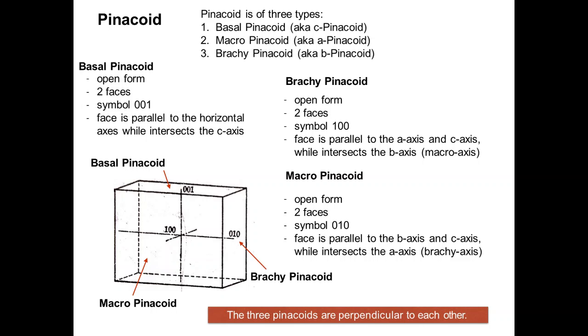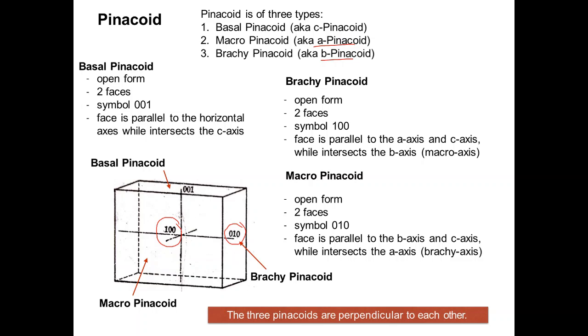If the pinacoid is intersected by the a axis, which means a pinacoid, then it will be named with macro in its word. Now, if it is intersecting the b axis, which is the b pinacoid, it will be named with the word brachy. It is not like that if it is intersecting the macro axis, it becomes macropinacoid, and if it intersects brachy axis, it becomes brachypinacoid.